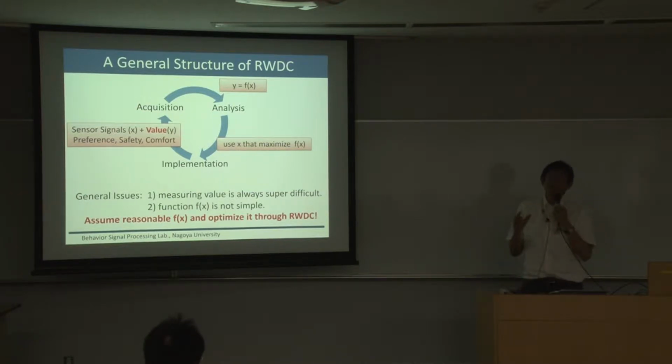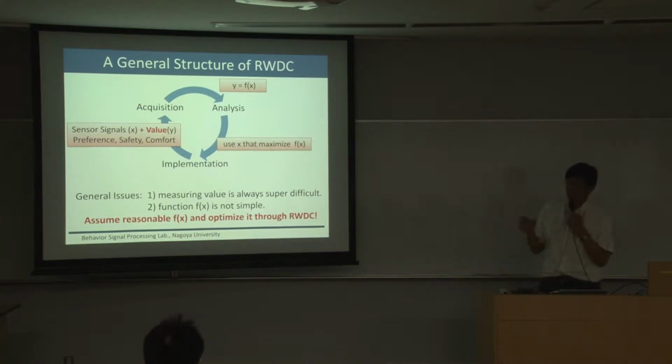So we utilize such fantastic technologies in the real world, because the real world doesn't work as you expect. The real world is highly stochastic, and full of things that you don't know, like your emotion or your preference to the things.